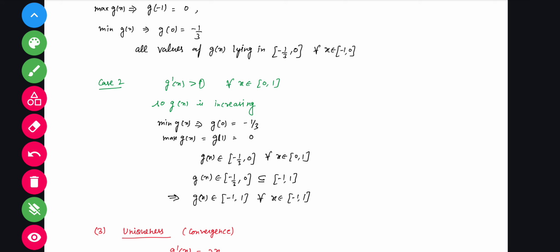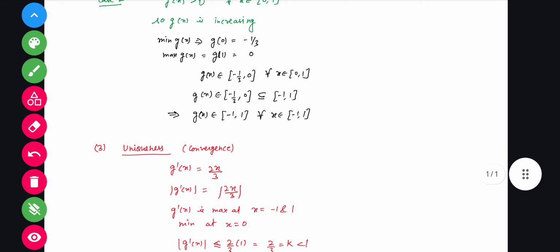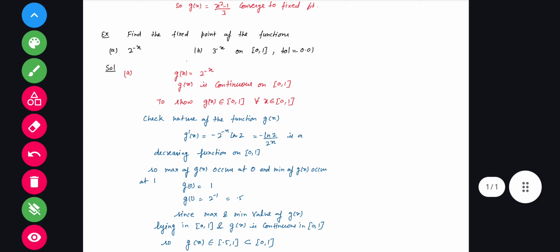If it is less than 1, then we can directly say that it has the unique fixed point, and all the conditions will be satisfied in that case.